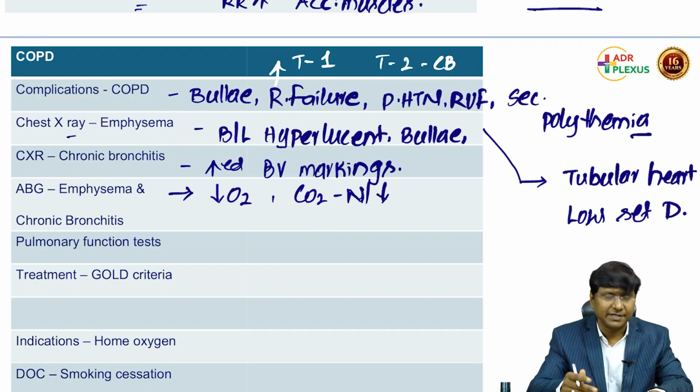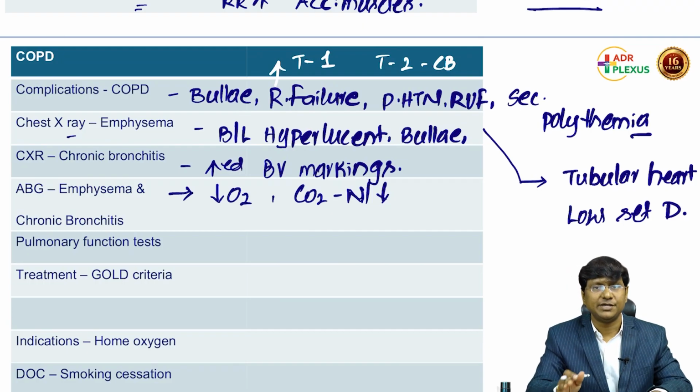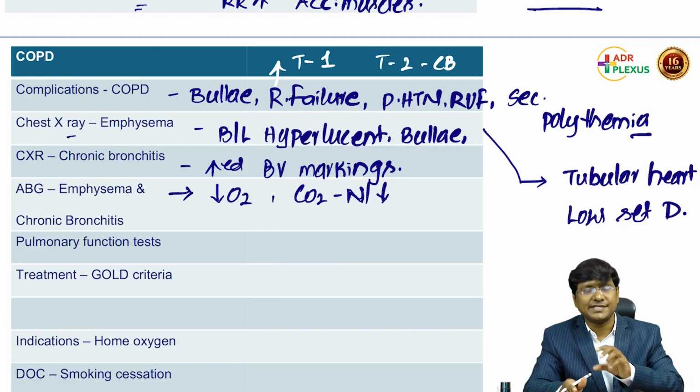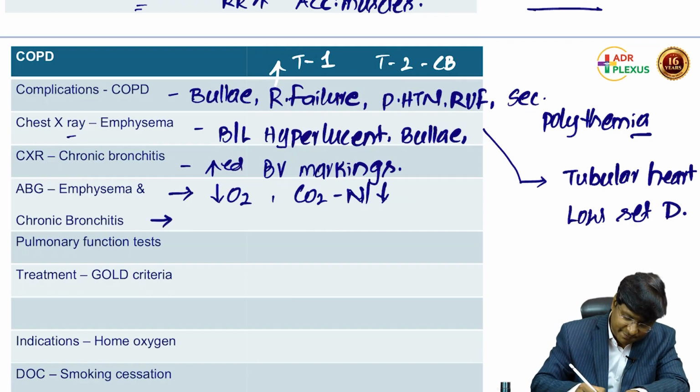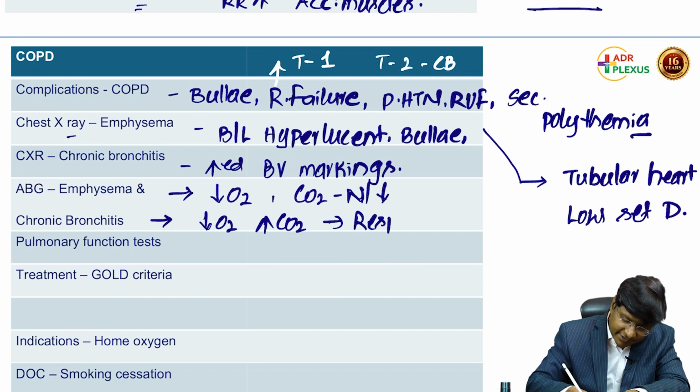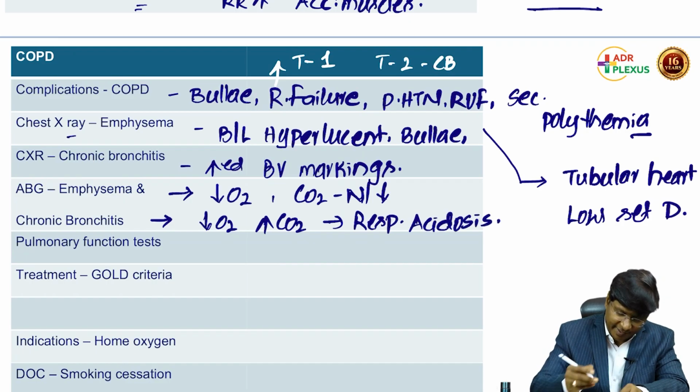That is because of increase in the respiratory rate causing carbon dioxide washout. Whereas in chronic bronchitis, there is inflammation of the bronchi, and the carbon dioxide washout does not occur. Thereby these patients will have hypoxia as well as hypercapnia, and that will result in respiratory acidosis.